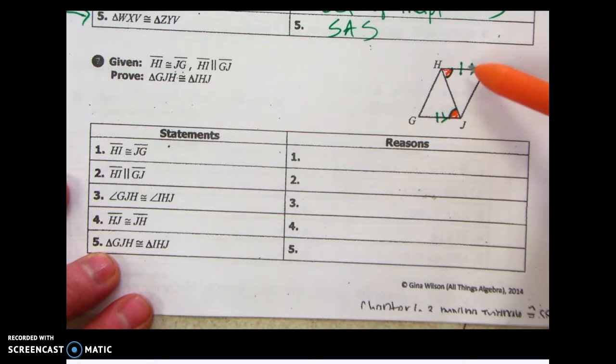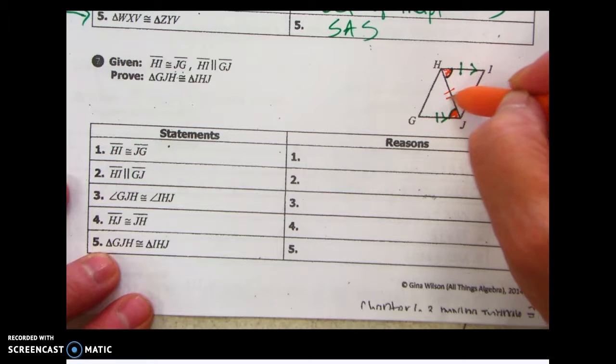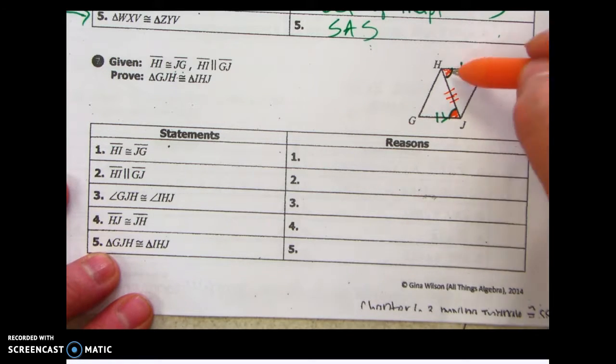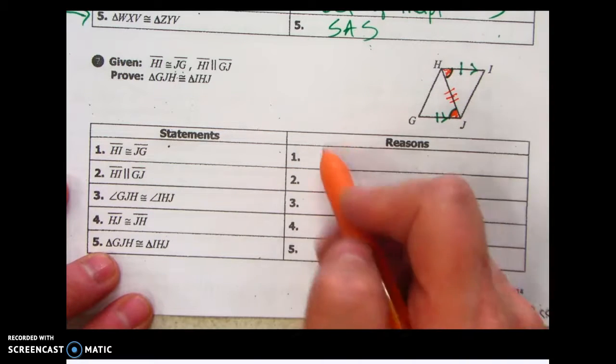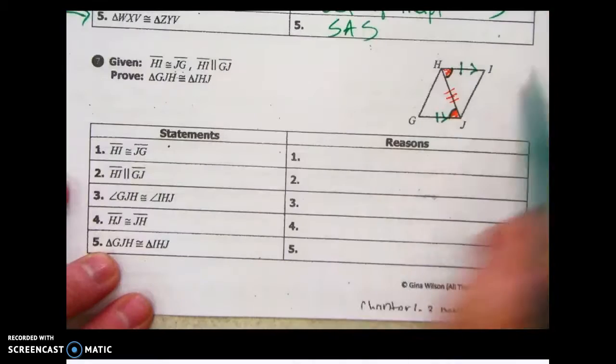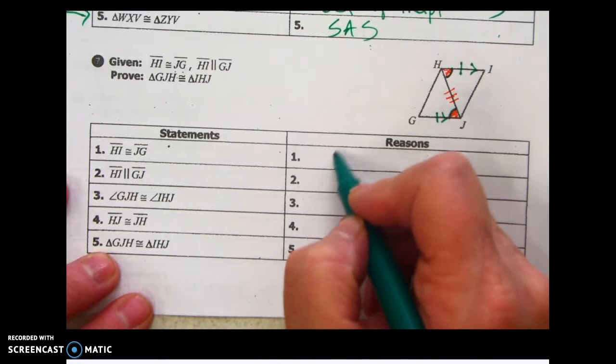And this is going to be a side angle. The second side has to be HJ by the reflexive property. So now I have my triangle all set up. I'm showing how I've got it congruent. So now I'm just going to follow through with filling in my proof.